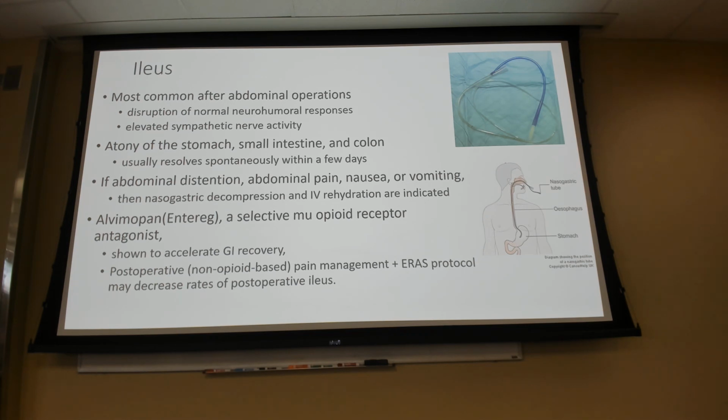They typically heal on their own. They may have some distension. The medication on the bottom is one we can give that helps accelerate GI recovery, and it's very commonly given in these patients, especially post-op, since we see this very commonly. So we'll give this medication. Sometimes we'll do a barium swallow first, but we won't get into those protocols right now, but it is a medication we can give.